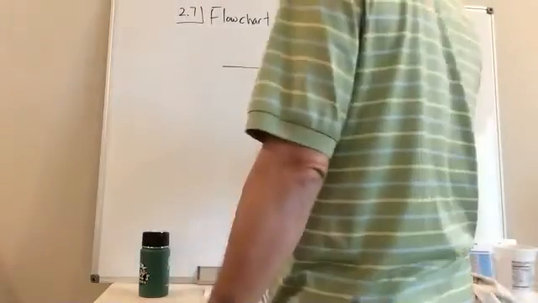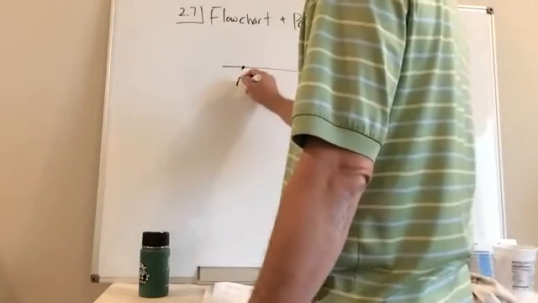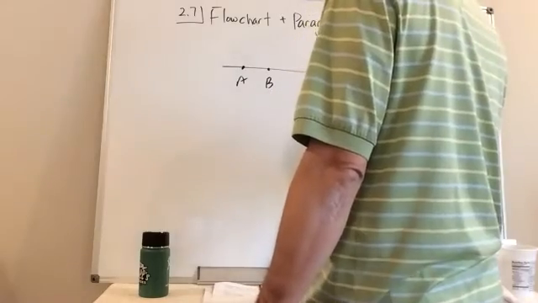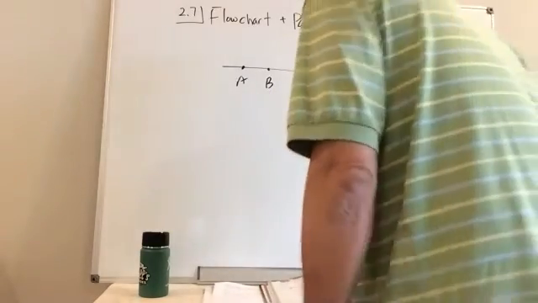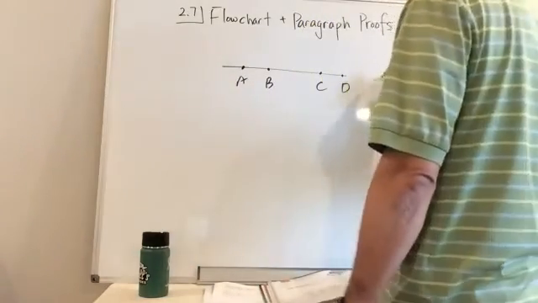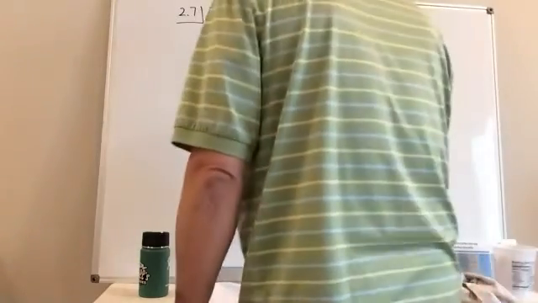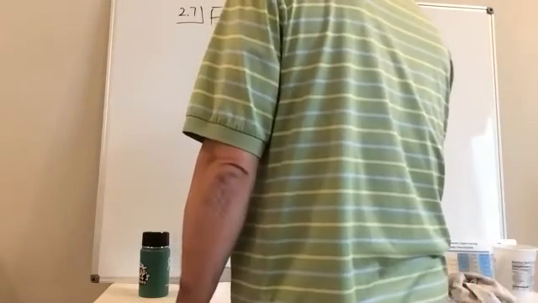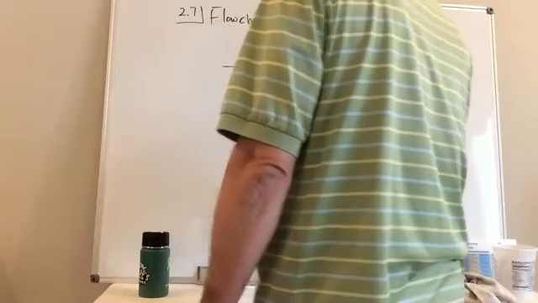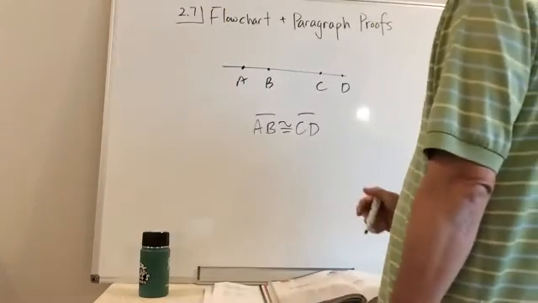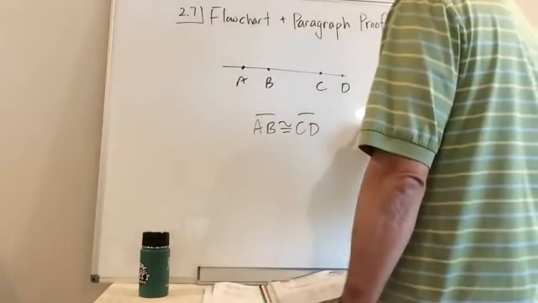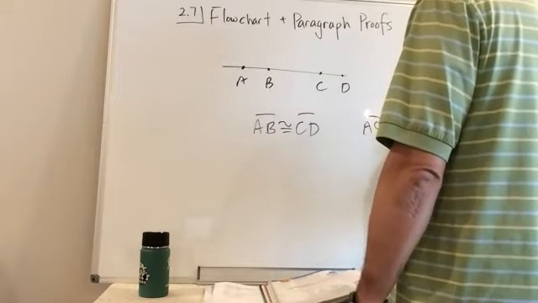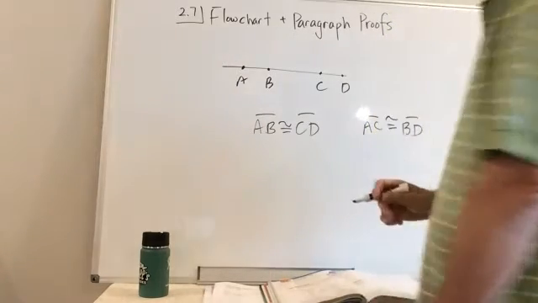If I have A and B and I have C and D, the common segment theorem says that if AB and CD are congruent, then AC and BD are congruent.